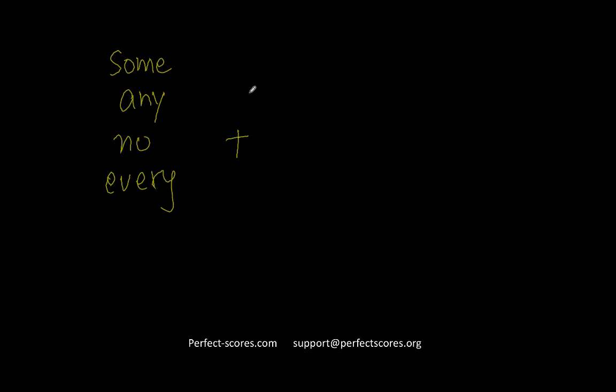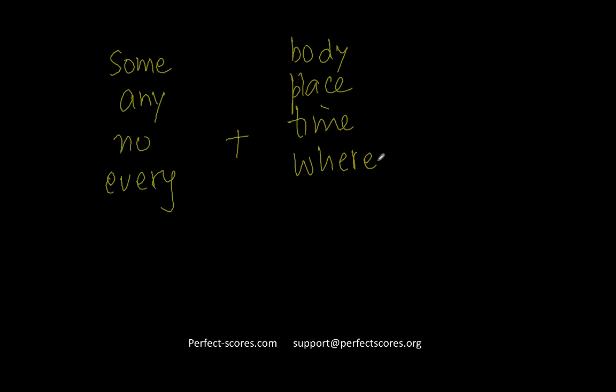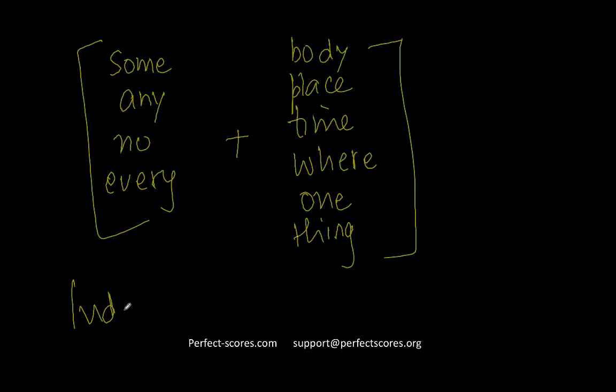One more way of knowing whether the pronoun in front of you is an indefinite one or not: indefinite pronouns are usually a combination of words like some, any, no, and every. For example, somebody, someone, something, sometime, somewhere. These combinations are also indefinite pronouns.